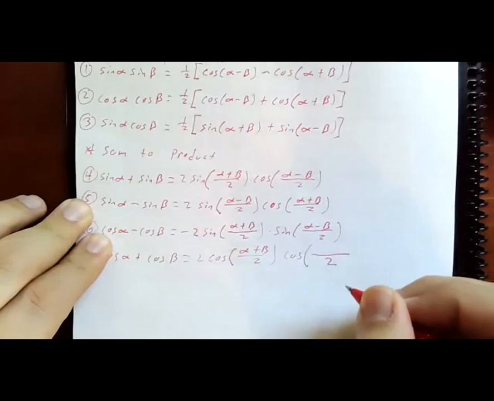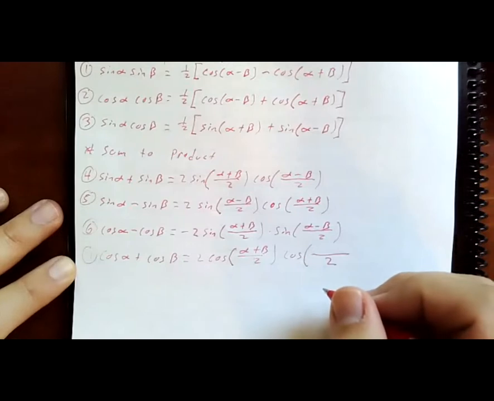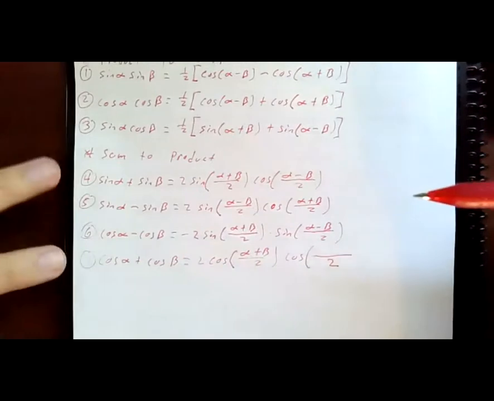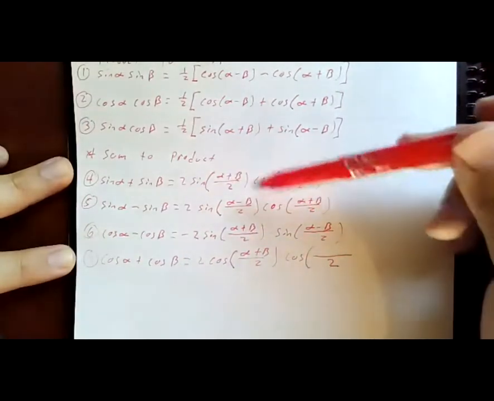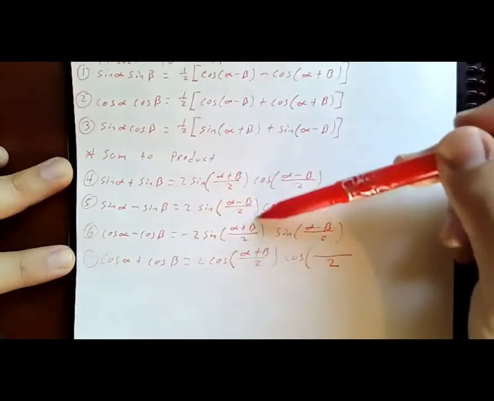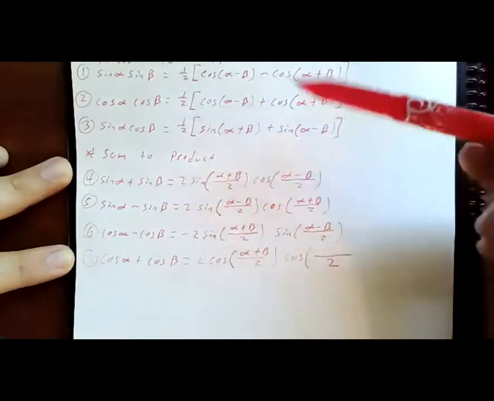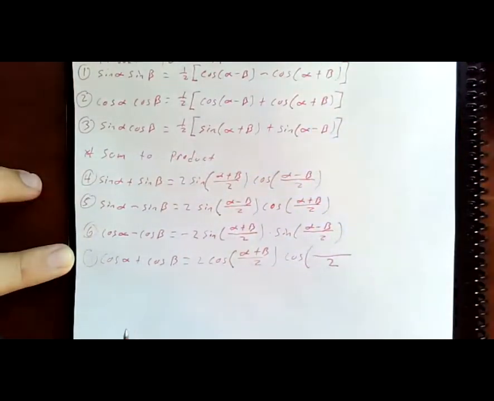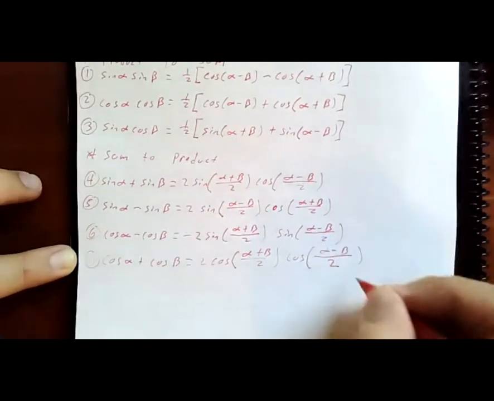With the sum to product, you always multiply by cosine of alpha minus beta over 2? Yeah, the arguments will be similar. These will change depending on what this is. But they're not quite the same. See how they differ a little bit?